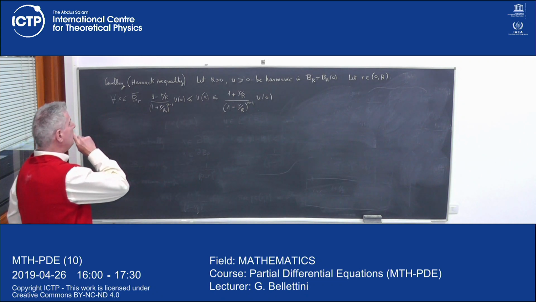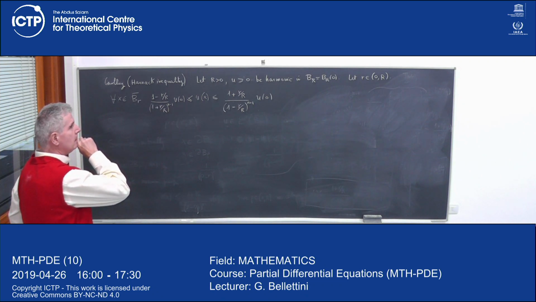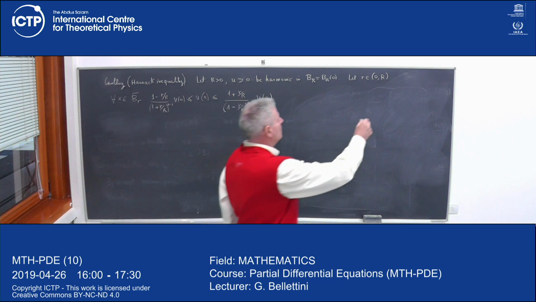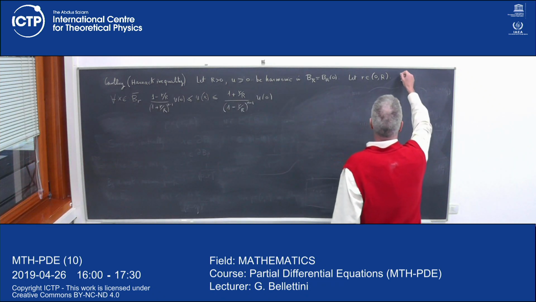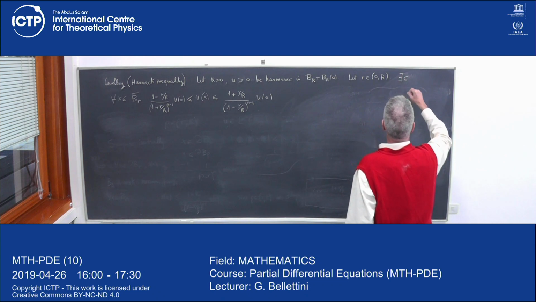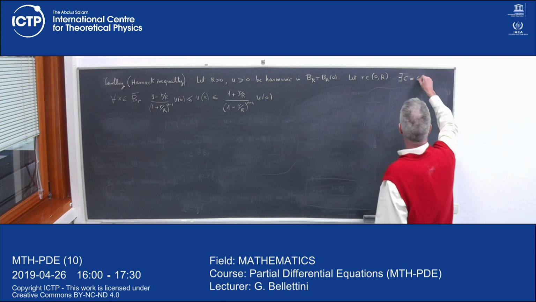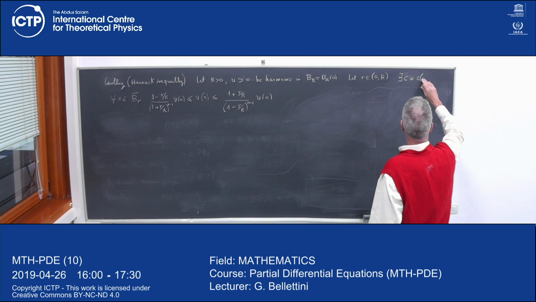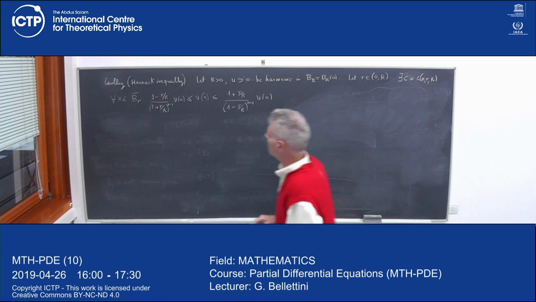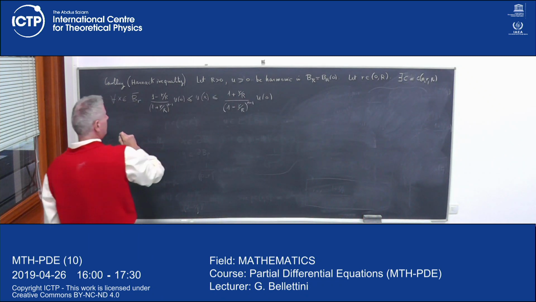Yes, the corollary is that there exists a constant depending on the dimension such that sup over B_r of u is less than or equal to this constant times inf of u.